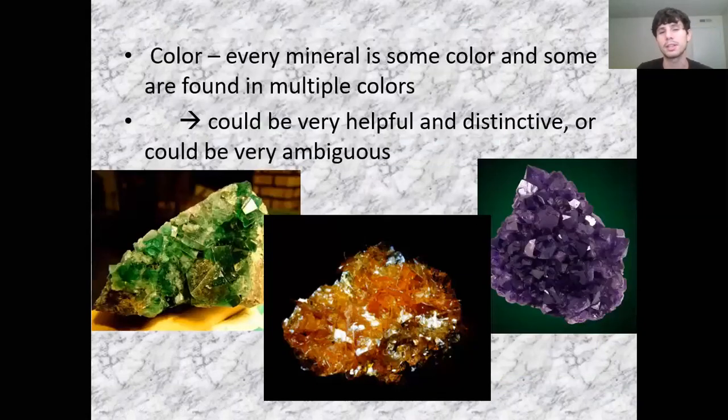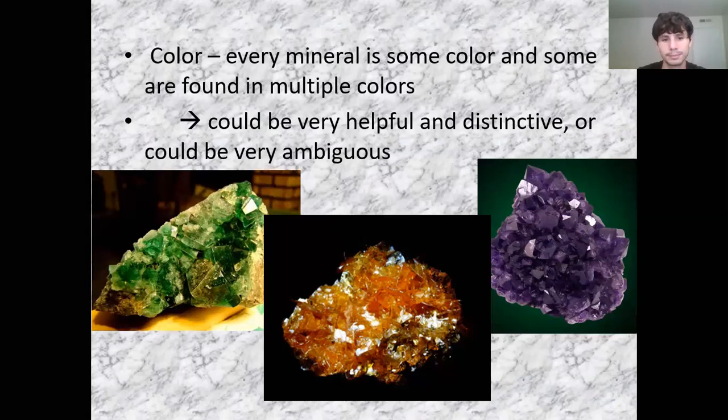The last part is color. Color is a very superficial property. You don't want to identify a mineral solely off color. However, it can help you, but it's not always the best property to use, just because some minerals' color can vary widely.